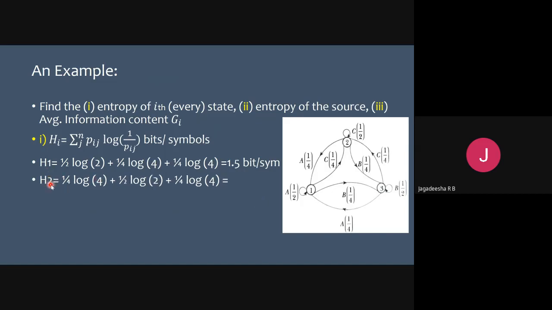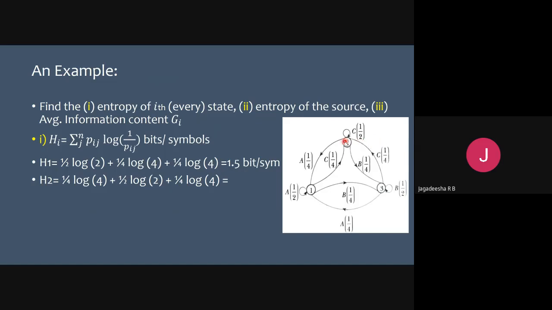Okay, for state 2, what are the different possibilities we have? Either go to state 1, state 2, or state 3, right? If it's going to state 1, then here the conditional probability is 1 by 4. If the next state is also 2, then the probability is 1 by 2. That is what is mentioned here. And if it wants to go to state 3, it is 1 by 4, right?